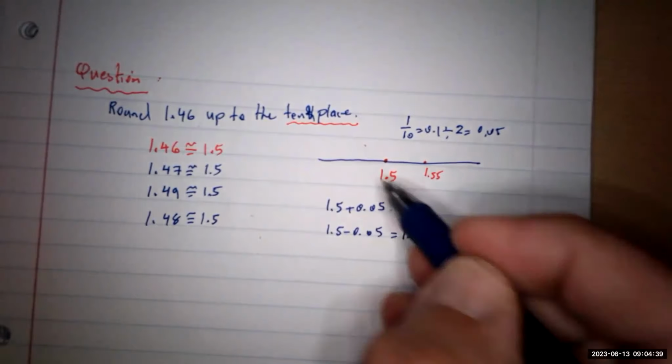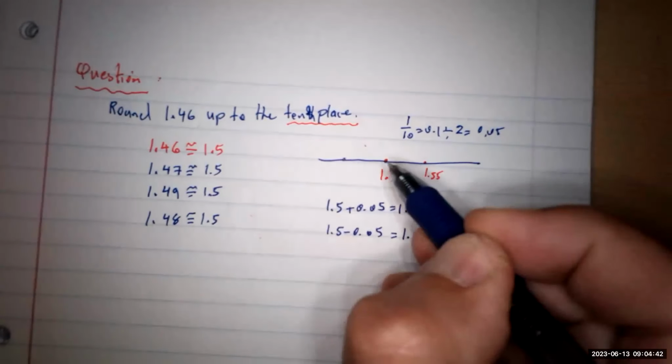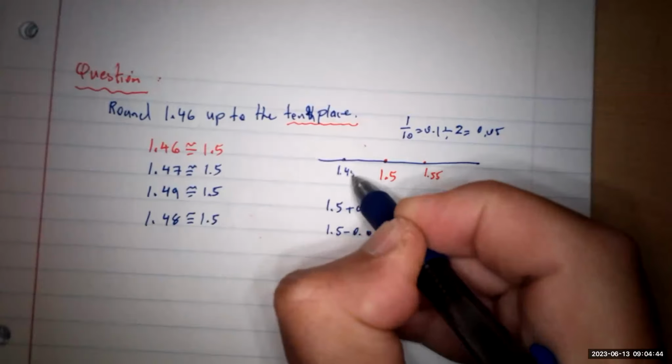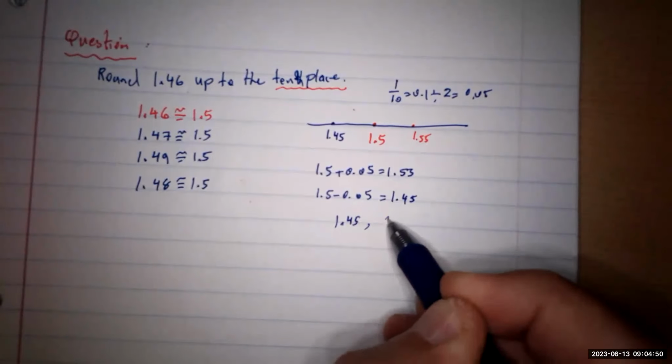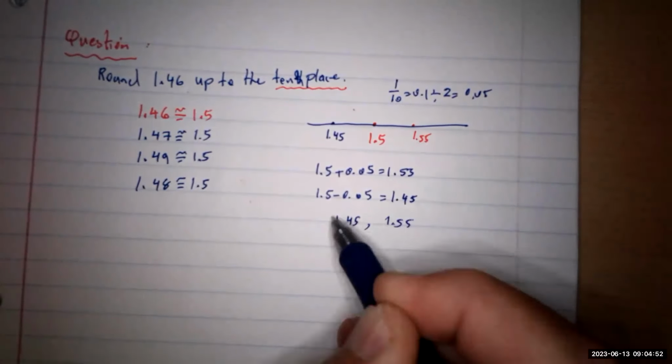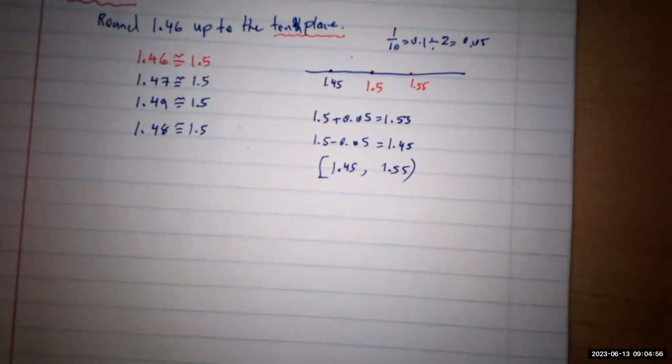Yes. You see, look at this idea. So in this interval, if you start from 1.45 and going to the 1.55, if you pick any number in this interval, and if you run that number, you will get 1.5 all the time.